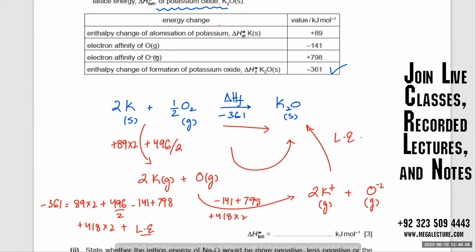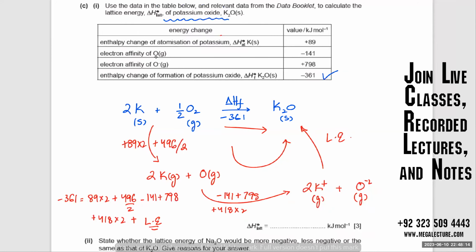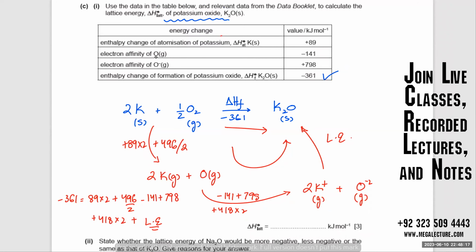You just have to make lattice energy the subject of the equation and you'll be able to solve this. Is this clear? So that's how this is going to be solved.